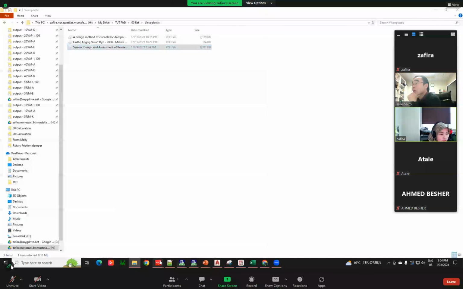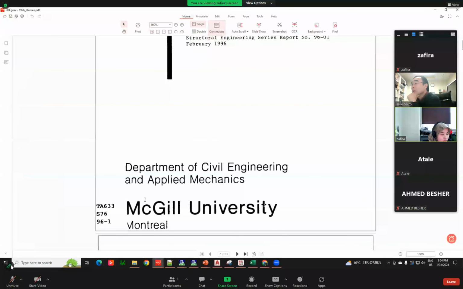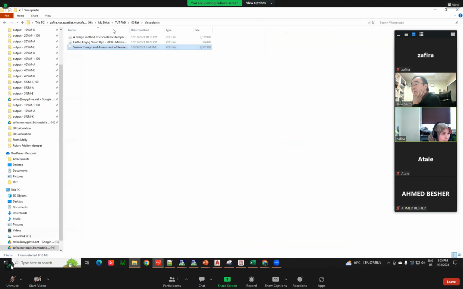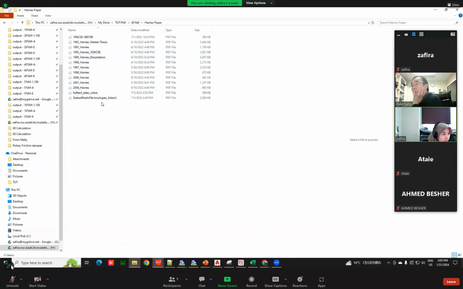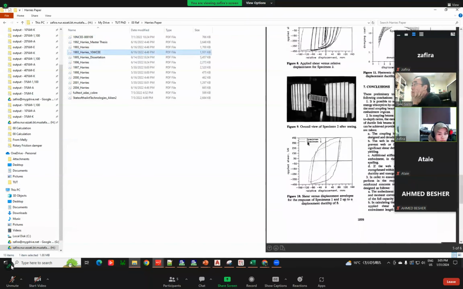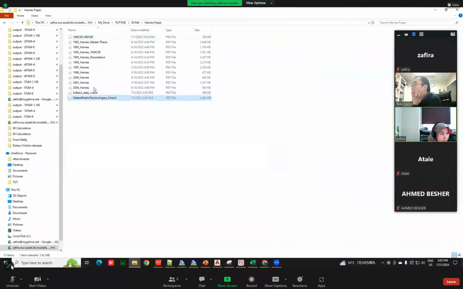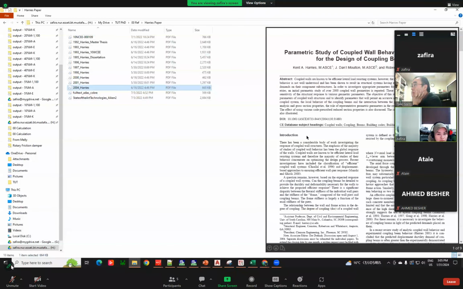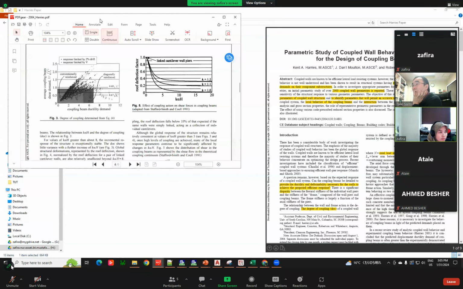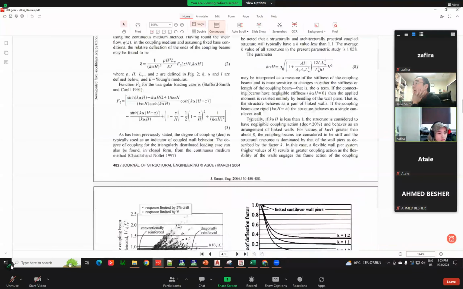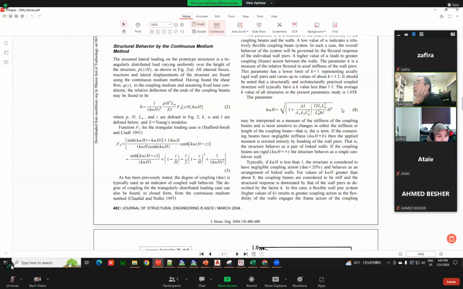Let me show. Is this one? It is regardless of the stiffness of the coupling.